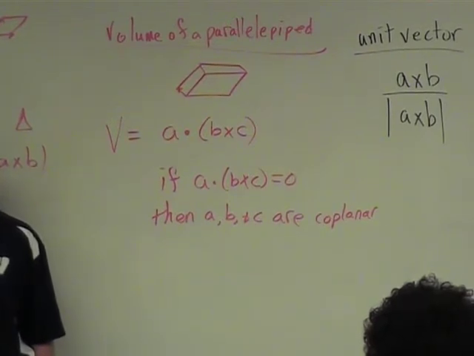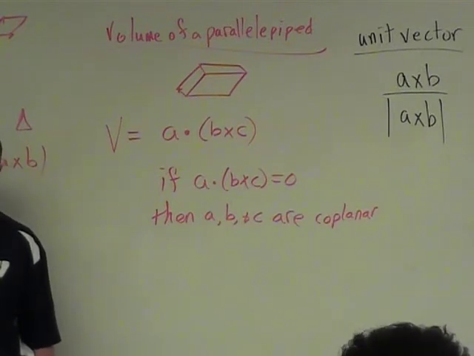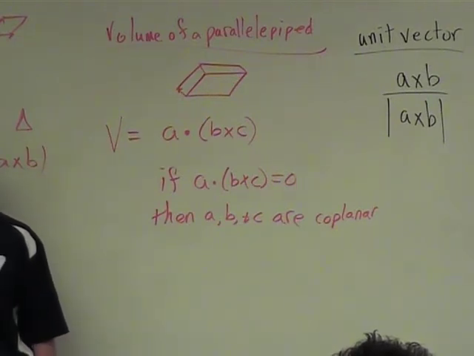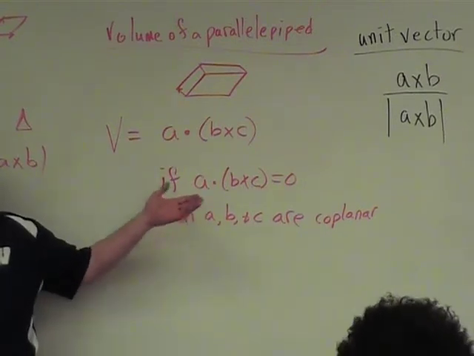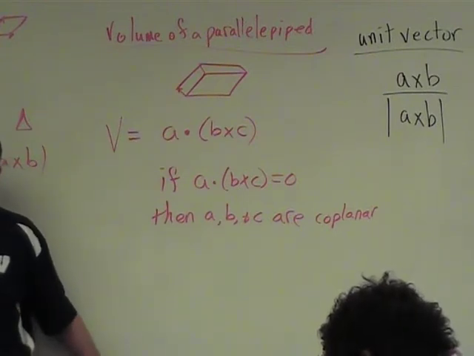They're in the same plane, meaning there's no depth to it. It's not going to be three-dimensional as far as a box is concerned. That's how you find the parallelepiped. I don't need to show you a dot product. I don't need to show you the cross product. Okay.